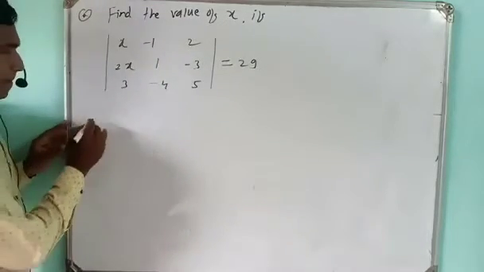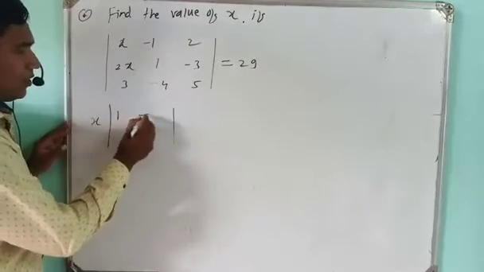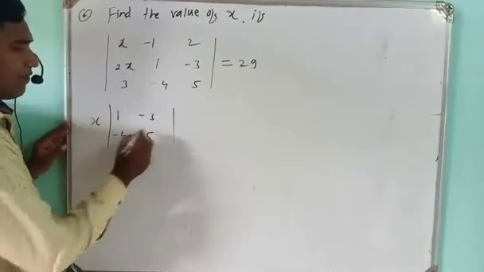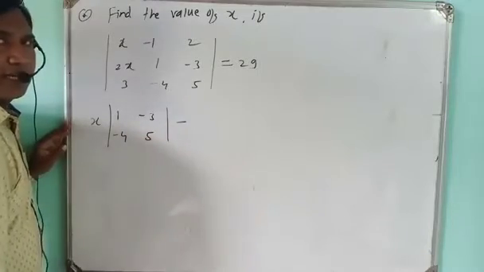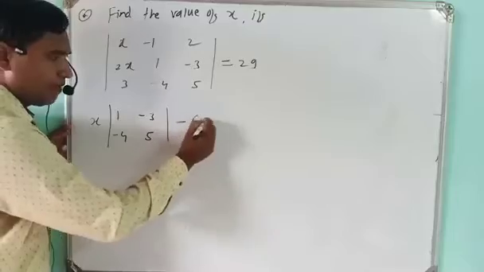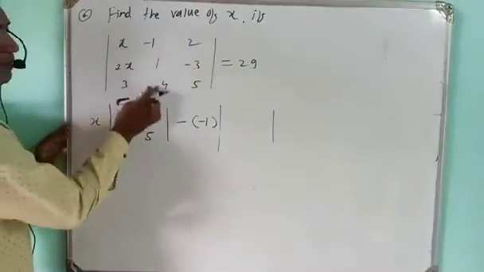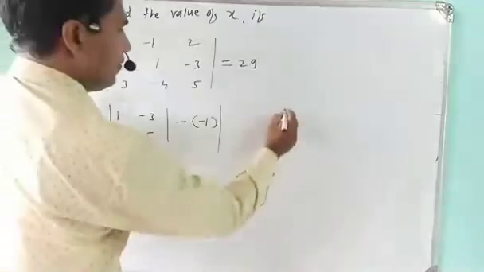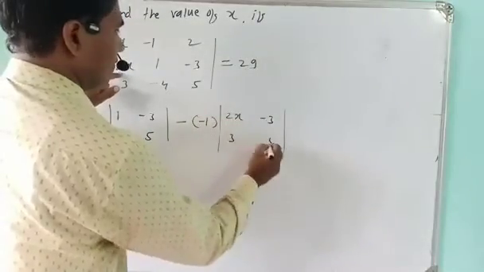See here now. Same expansion. X. Now what are the elements? 1, minus 3, minus 4, 5. Okay. Second element has a minus by rule, and the second element is minus 1. Then again, eliminating the column and the row, what are the elements? 2x, minus 3, 3, 5.